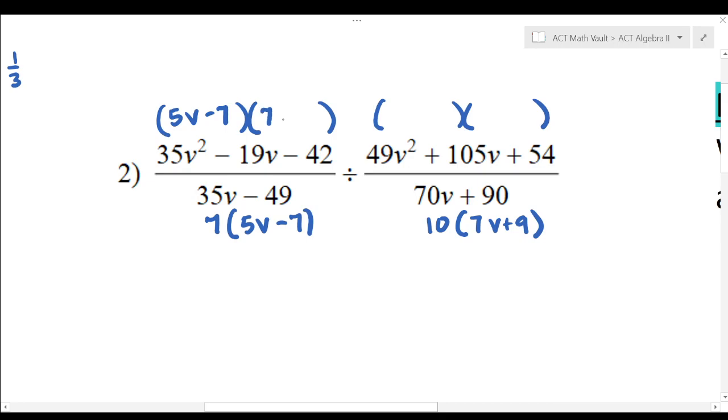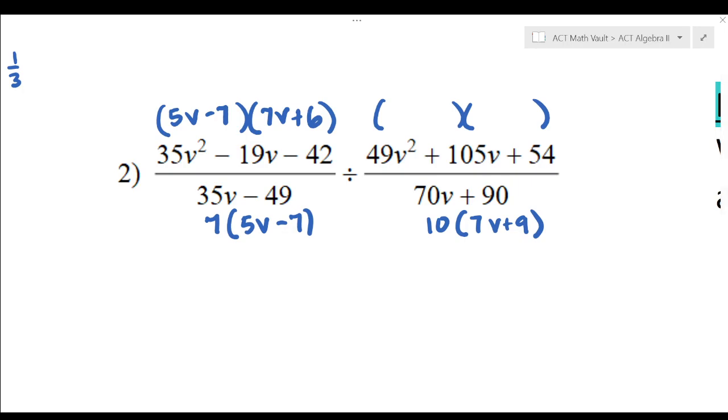So 7v, I need to get a 35v squared. And then in order to get negative 7 multiplying by something to get negative 42, that number would have to be plus 6. What I need to make sure is that you end up getting a negative 19v in the middle, so we'll think of it like this: 30v and then minus 49v. Hey, that does actually add up to negative 19v, so we're good.